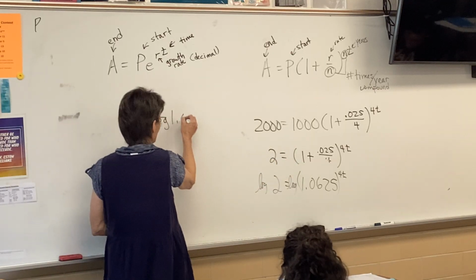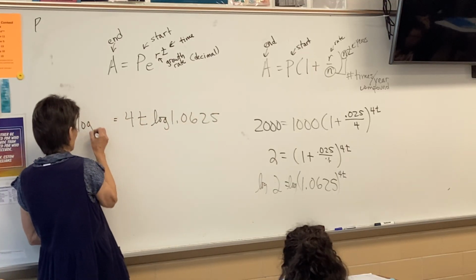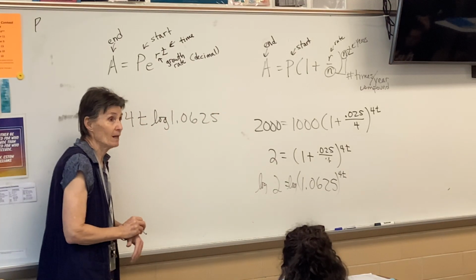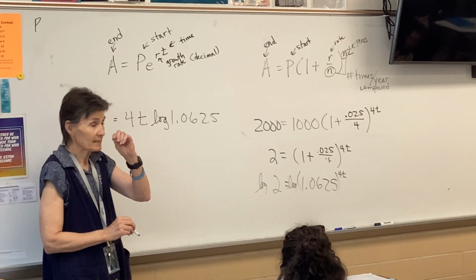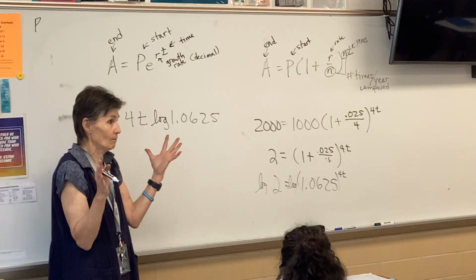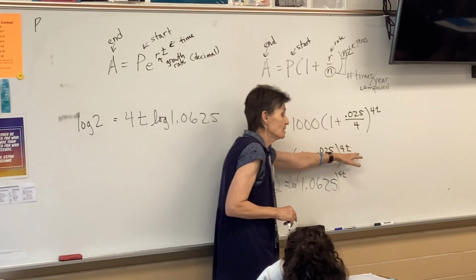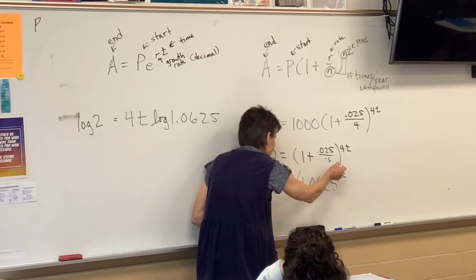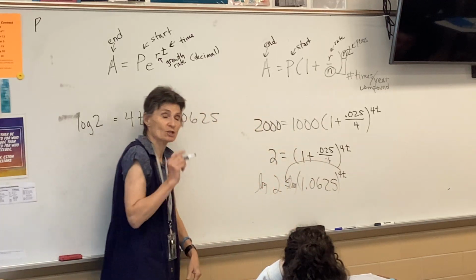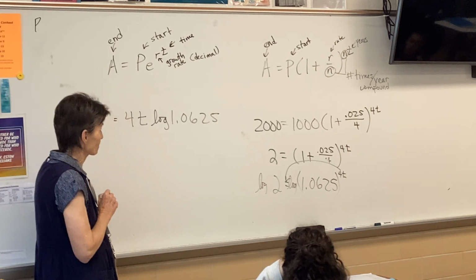And then we can just divide by the log of 1.0625. Everybody follow that? You knew you needed to get that 4t by itself. Problem is, it's an exponent. So the only way to do that is the log, because then it comes down and now it's solvable.